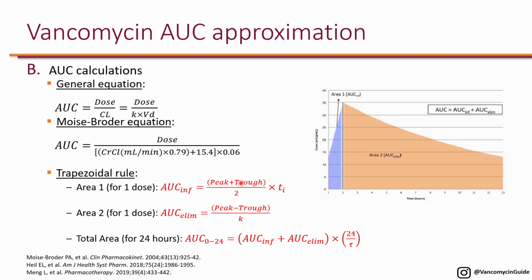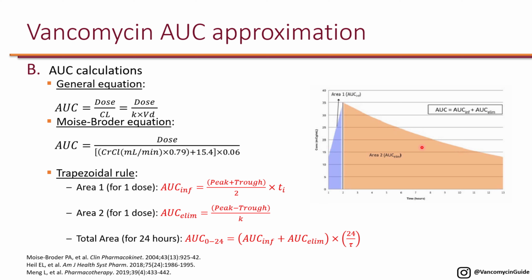So peak plus trough divided by 2 times the time of infusion. Going from this point to this point will basically give you the height of the trapezoid if you consider this a flipped trapezoid, so to speak. And then you have the first base and the second base, which you add together and divide by 2. And that will give you mathematically the area during the infusion.